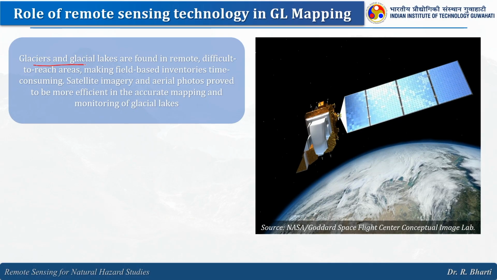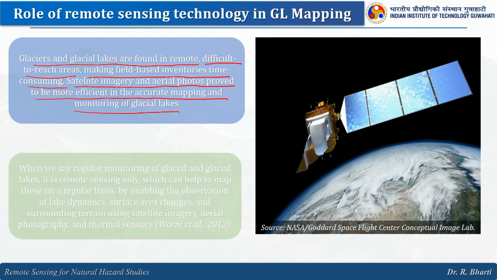The glacier and glacial lakes are found in remote, difficult to reach areas, making field based inventories time consuming and difficult. Satellite imagery and aerial photos prove to be more efficient in the accurate mapping and monitoring of the glacial lakes.